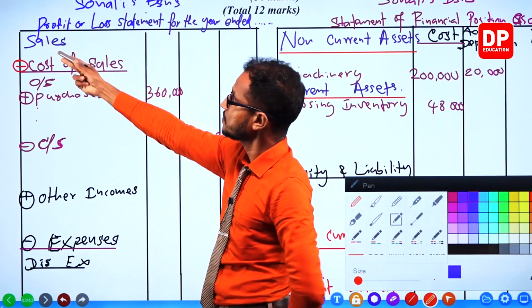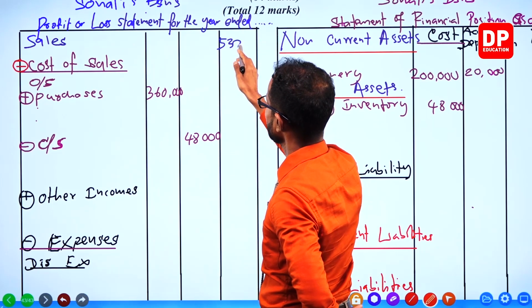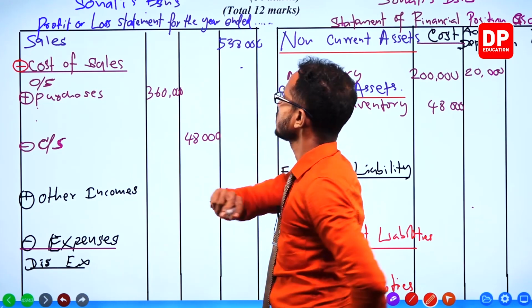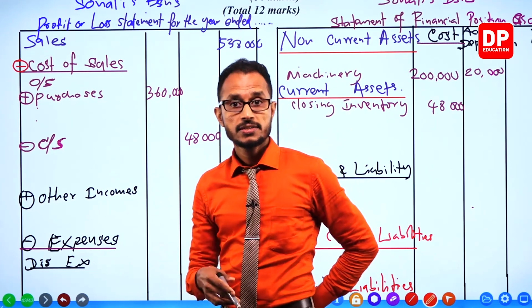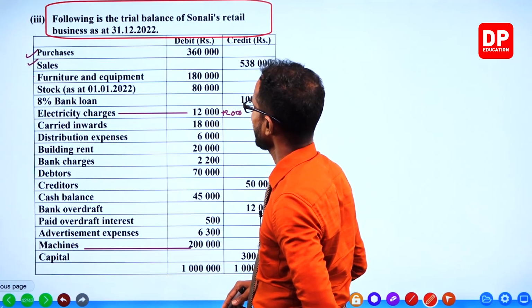Sales is already mentioned, 538. Sales should go to the final last column, okay? 538. Right? That's it. Done.